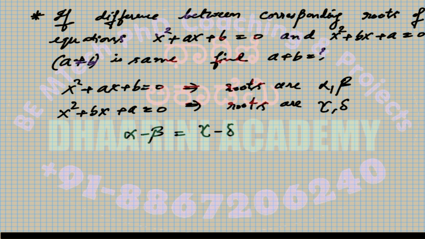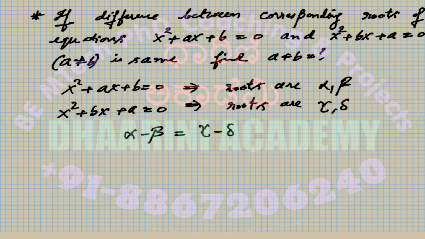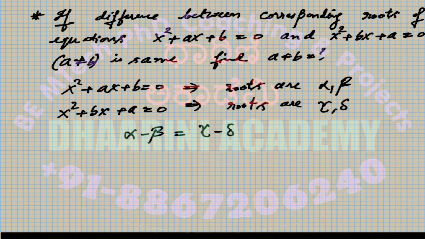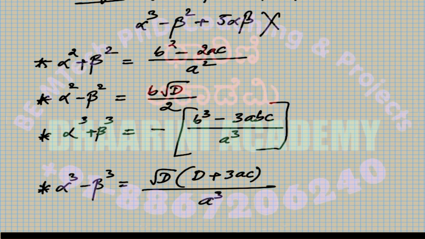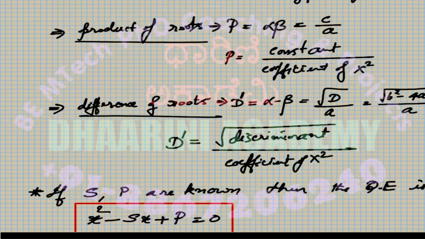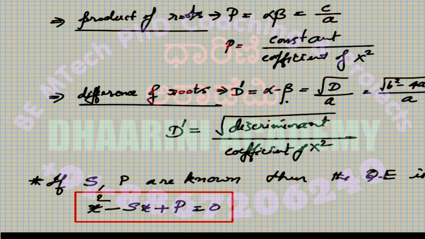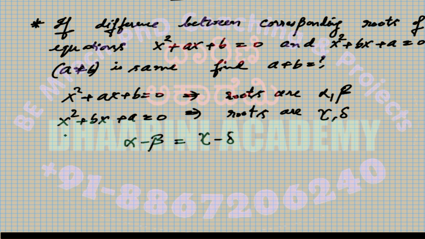So we go back and check the formula to find the difference of roots. We use that property. We have already written the difference: alpha minus beta is root of b square minus 4ac, by a, right? So I just have to check the corresponding terms.